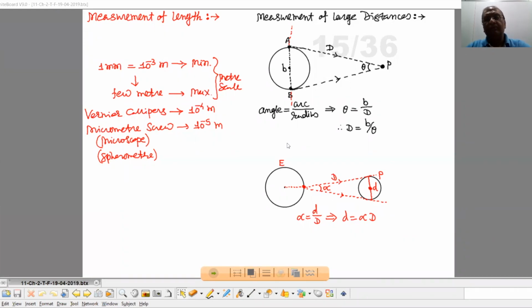Okay, now with the help of a meter scale, what is the largest possible measurement?